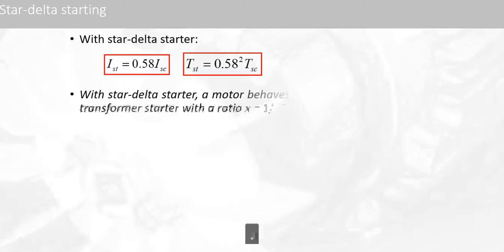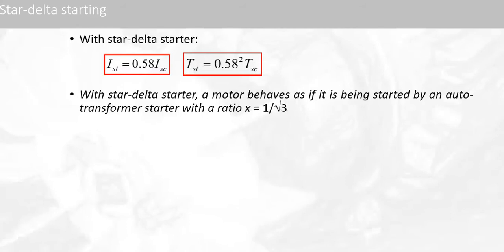So with this star delta starter, my starting current is reduced to 0.58 into ISC, and my starting torque is reduced to 0.58 square into TSC, or 1 by third of TSC. Okay, with star delta starter, a motor behaves as if it is being started by an auto transformer starter.